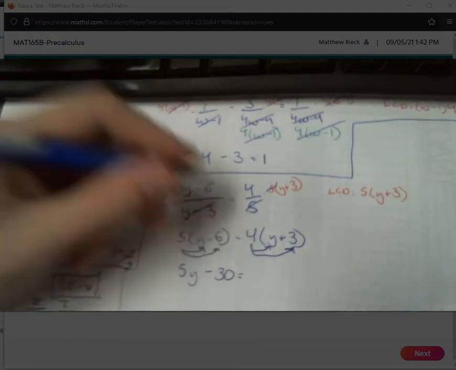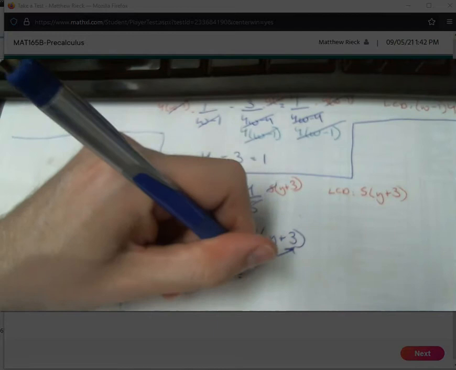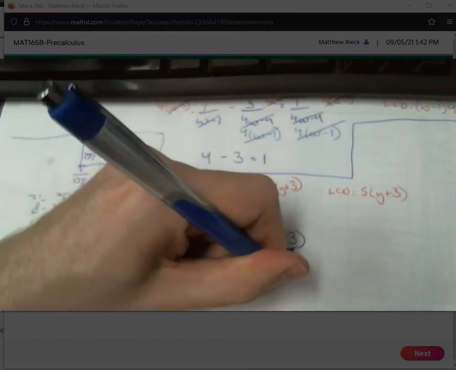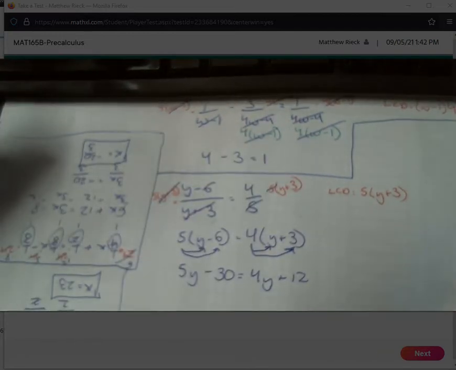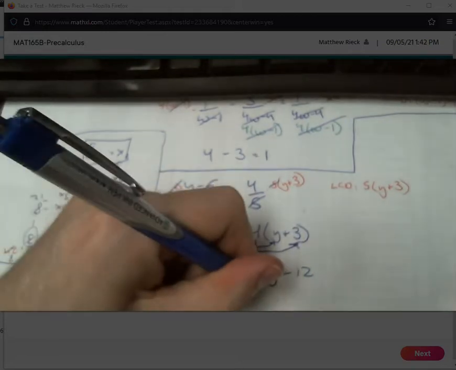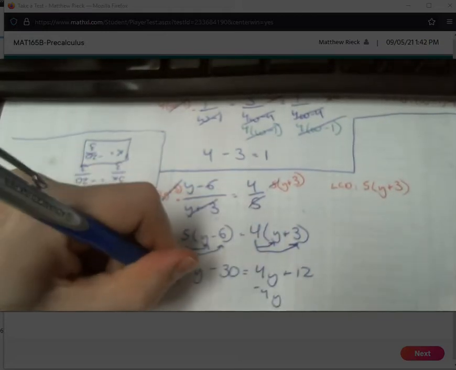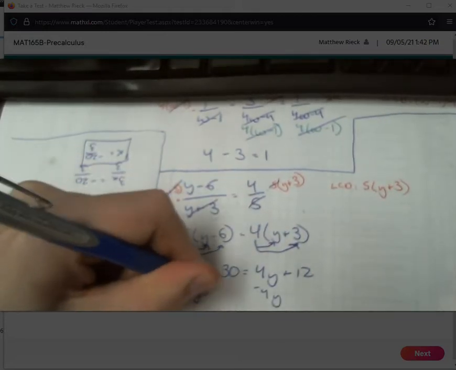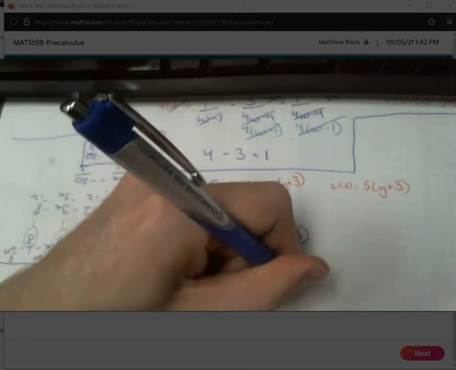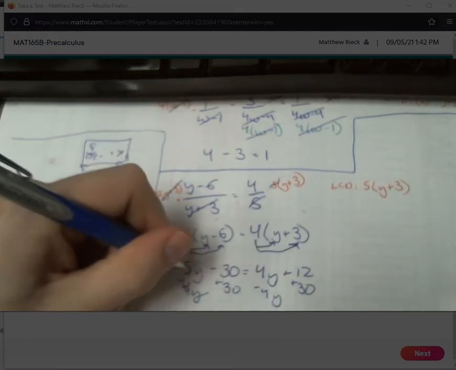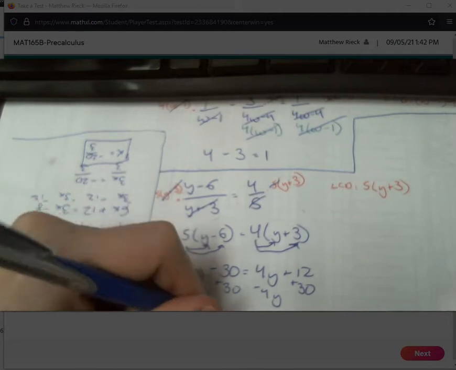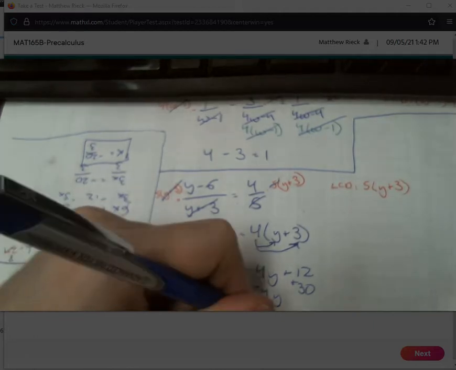All right, so when we distribute the 5 through, we get 5y minus 30 equals 4y plus 12. Again, subtract 4y from each side, add 30. So you get 5y minus 4y, that's just going to be 1y.